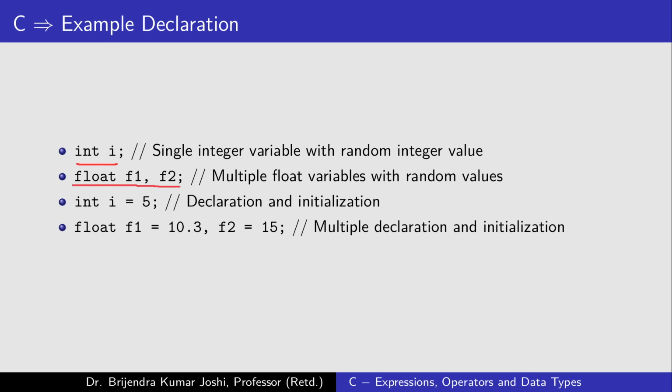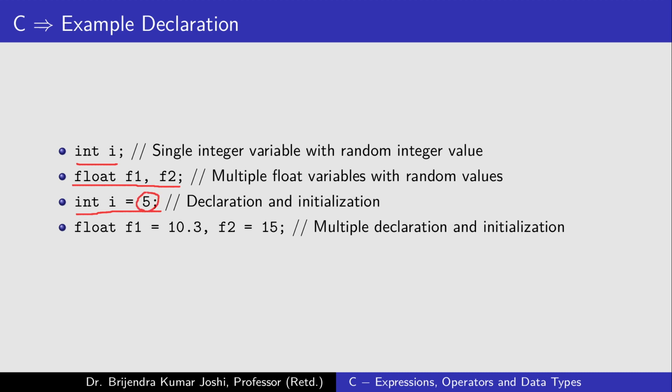Float f1, f2; semicolon. These are multiple float variables, so there are two float variables with random values assigned. This is the way we can declare as well as initialize a variable. Here i is an integer variable which has been assigned an initial value of 5.